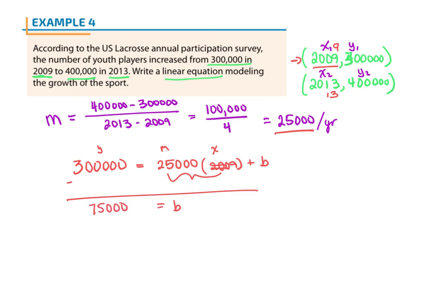All right, 75,000. And so if I want to then write the equation, Y equals MX plus B, that would be my equation showing how the sport is growing. All right.